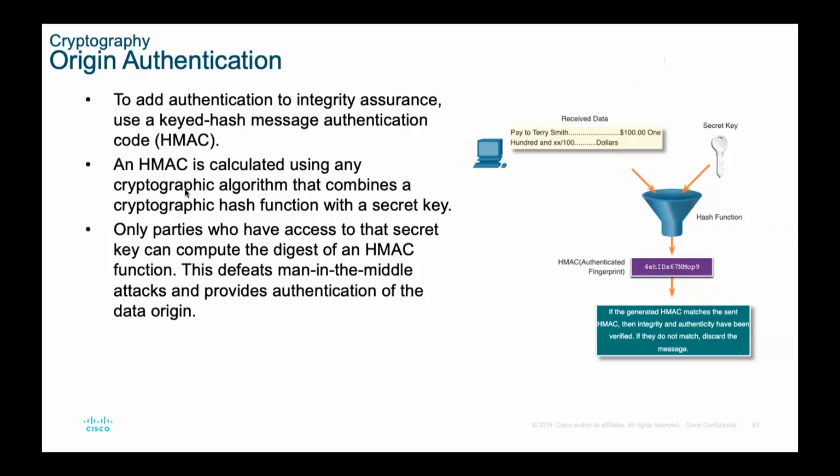HMAC is calculated using a cryptographic algorithm that combines a cryptographic hash function with a secret key. Only parties who have access to that secret key can compute the digest of an HMAC function. This defeats man-in-the-middle attacks and provides authentication of the data origin.